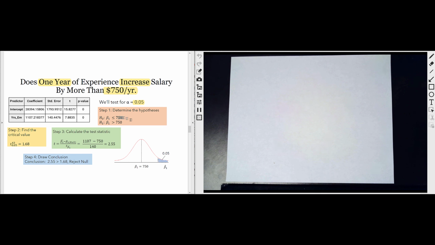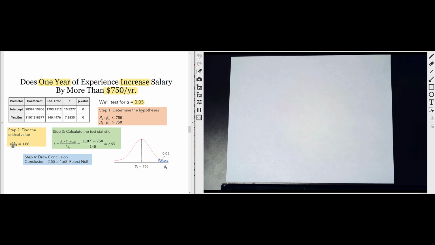And we first specify our hypotheses. So our null hypothesis is that the slope is less than or equal to 750. And therefore, the alternative is that it's greater than 750. We've got 43 degrees of freedom, 45 people minus 2.